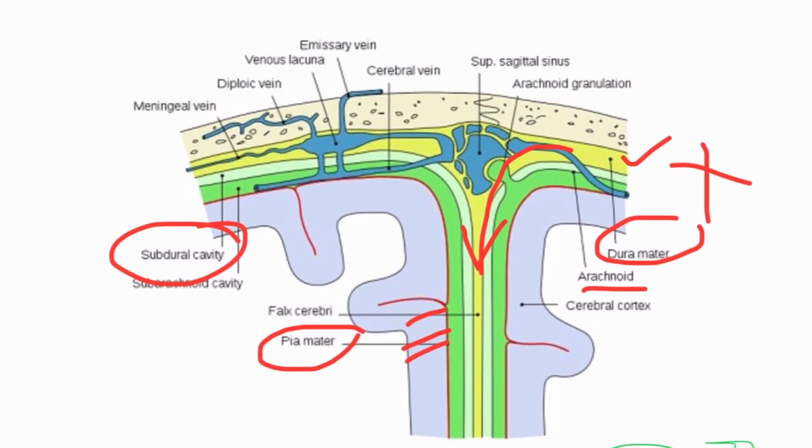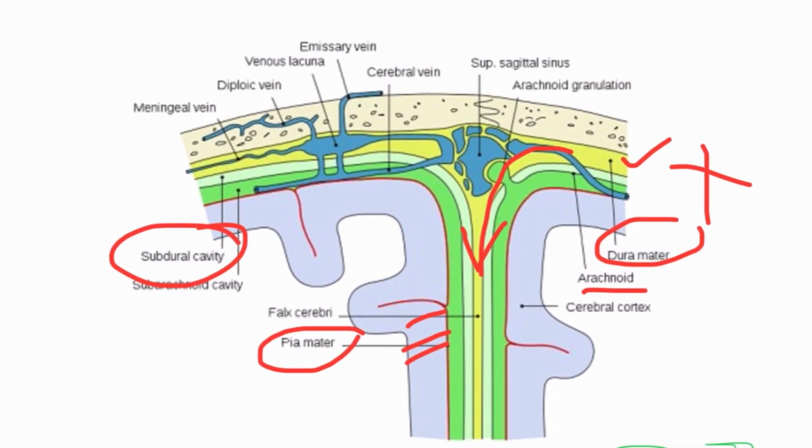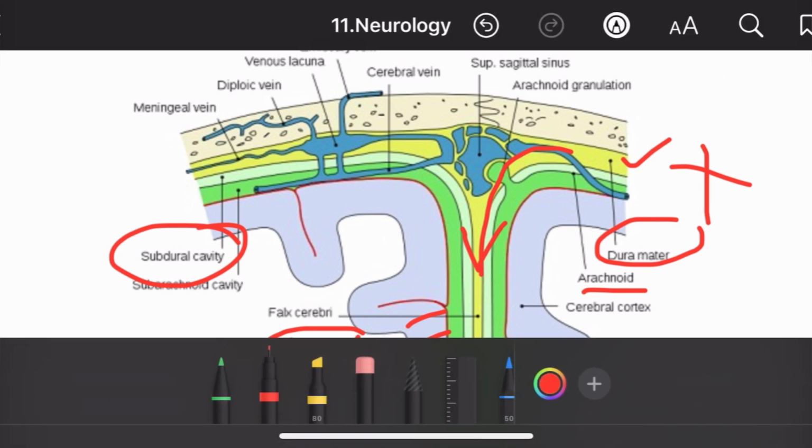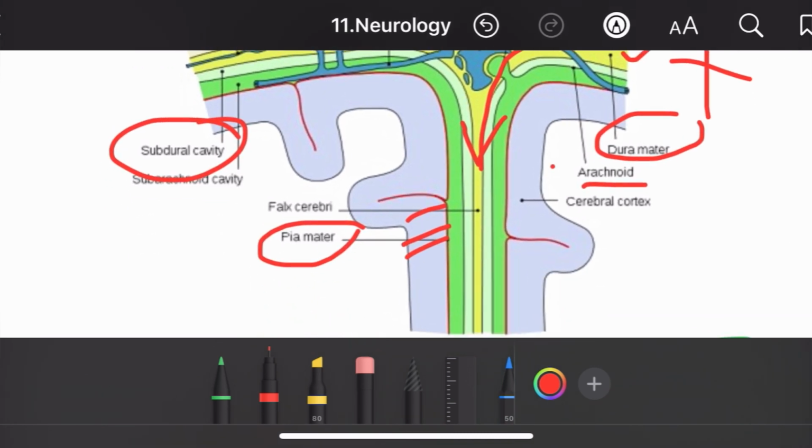Coming to the brain, there we know the skull is there. After the skull we again have the dura. Under the dura we have the arachnoid mater, which we have discussed earlier, and below that we have the pia mater.